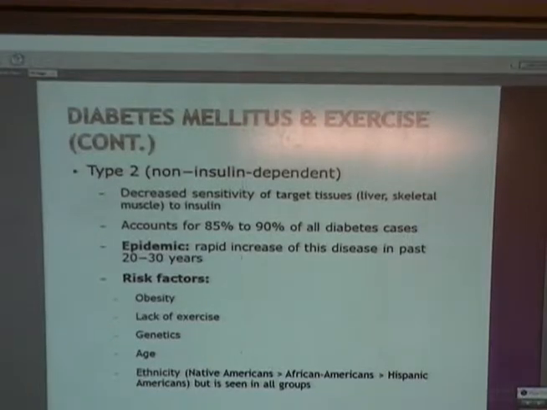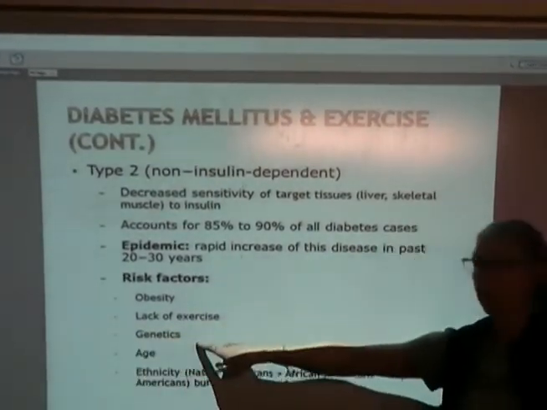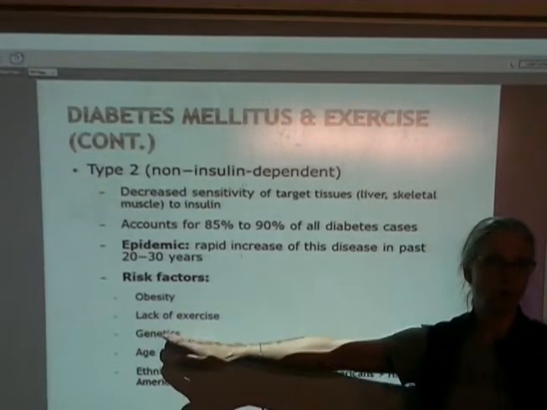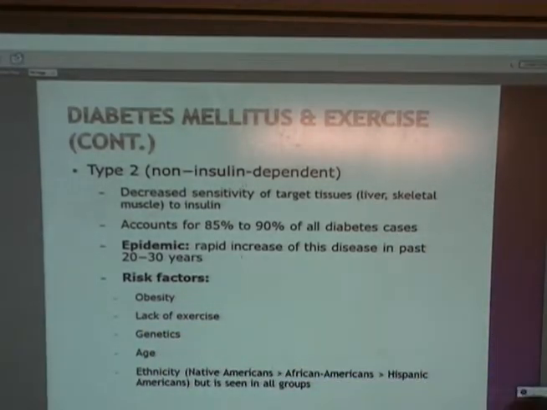If you stay healthy and you stay active, it's unlikely you would develop type 2 diabetes, unless you have a really unlucky genetic profile, right? And unfortunately, ethnicities. So Native Americans, African Americans, people with a Hispanic background are all at more risk than Caucasians.